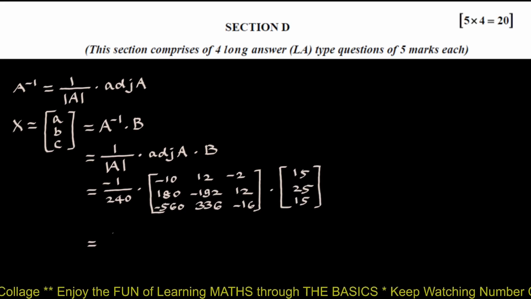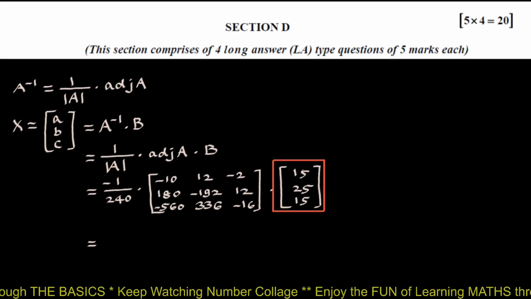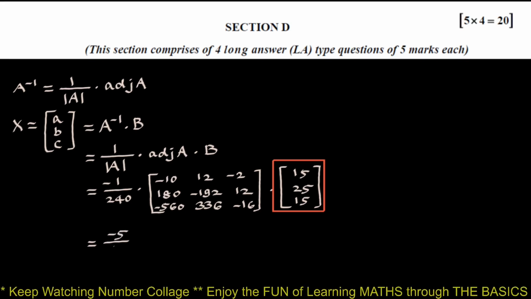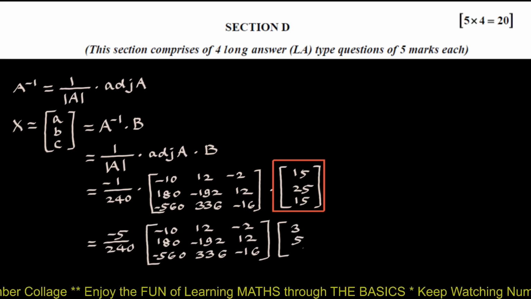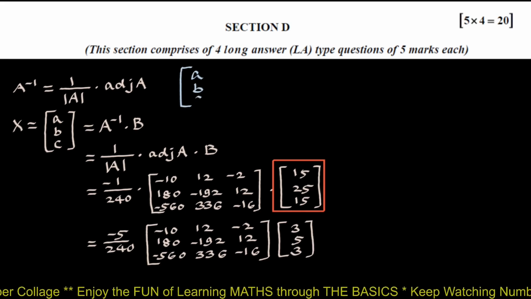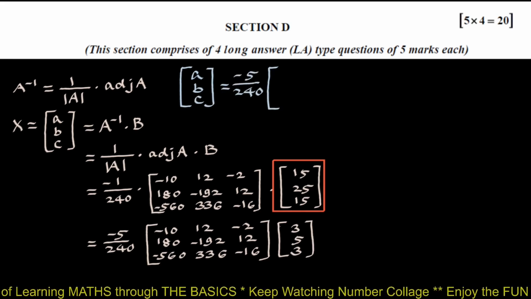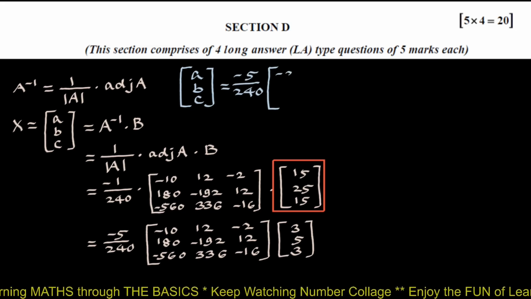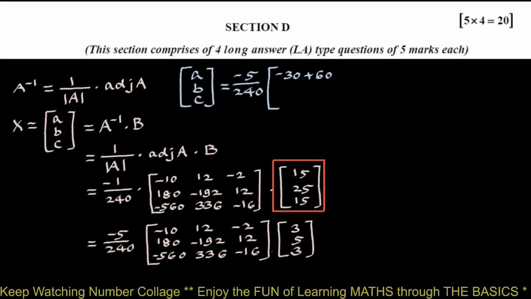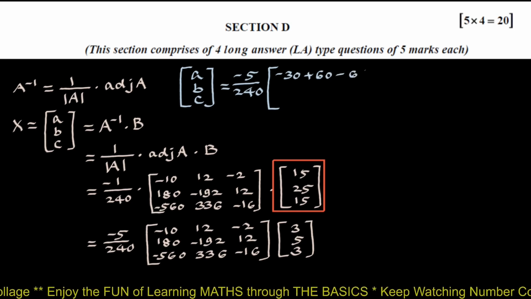We will take 5 common from each row of this constant matrix, so that will be minus 5 upon 240, 3, 5, 3. So column matrix A, B, C will be minus 5 upon 240 into minus 10 into 3 minus 30 plus 12 into 5, 60 plus minus 2 into 3, minus 6 etc.